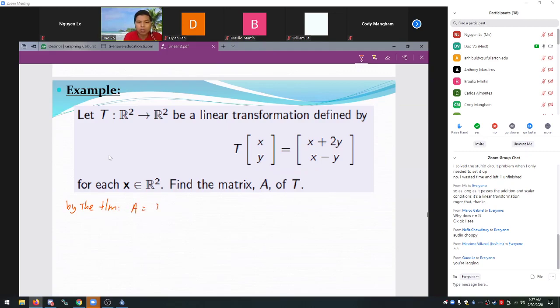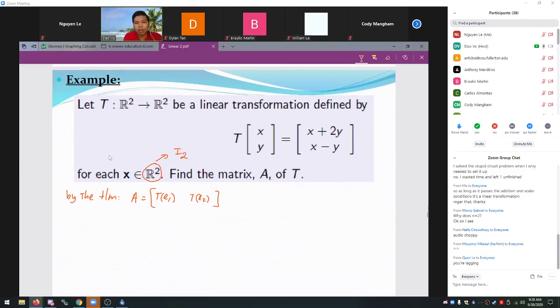A equals [T of e1, T of e2]. Why am I only using T of e1 and e2? Because we're in R2, so we look at I2. All right.